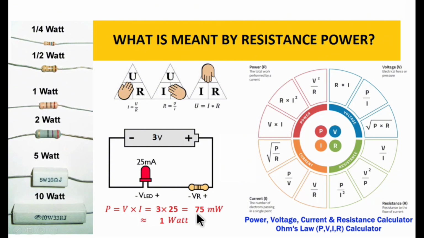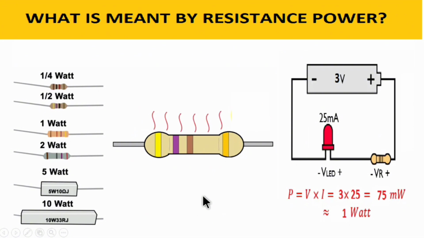Well, we assume that the entire voltage is placed at both ends of the resistors. So we take the resistance voltage, 3, times the current, which is 25. It becomes 25 milliwatts, about 1 watt. So we want a resistance of 1 watt. This is the way to calculate the power.